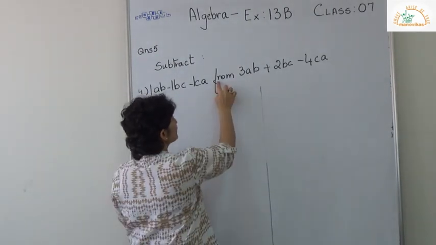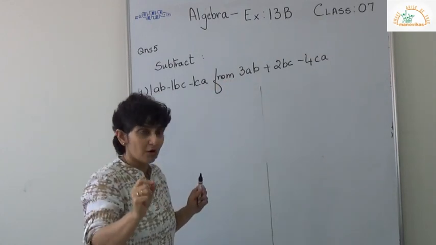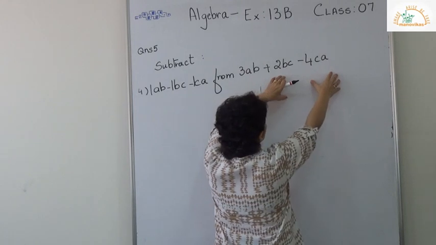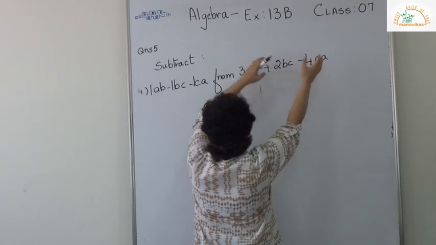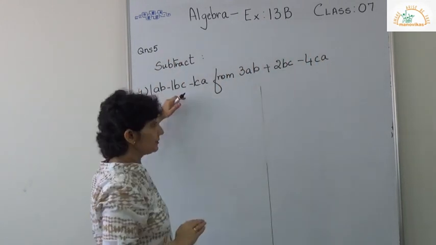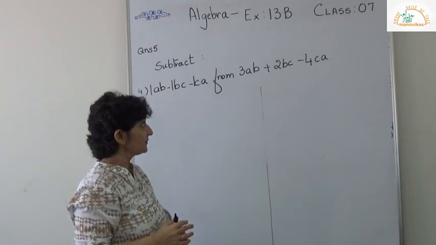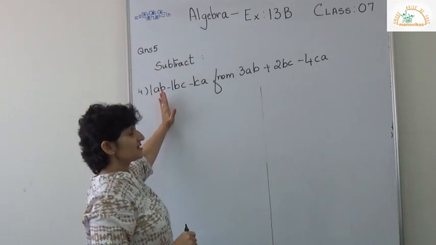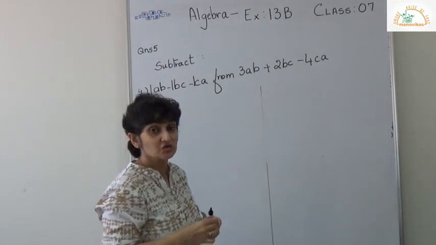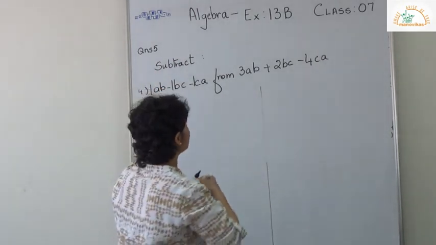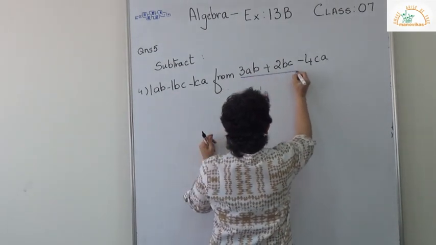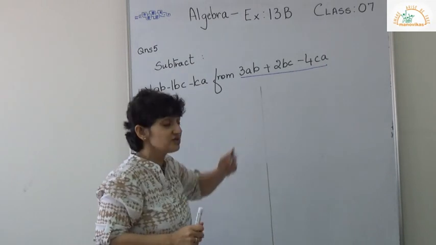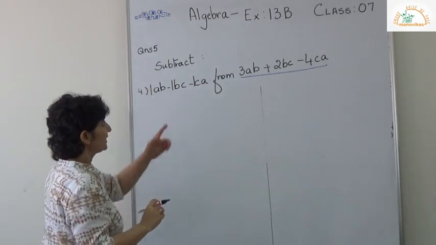Whenever you get to see this from, you will always take the number next to it. So it will be this second number and you minus it with the first expression. Did you get it? The second expression minus the first expression. So whenever you have from, children, underline the next expression so that you know you have to use this first. Now let's try it.